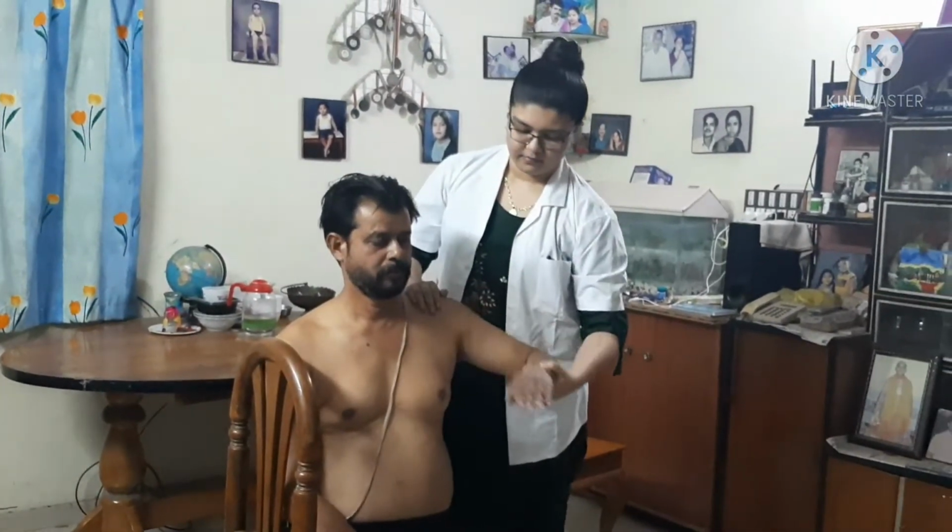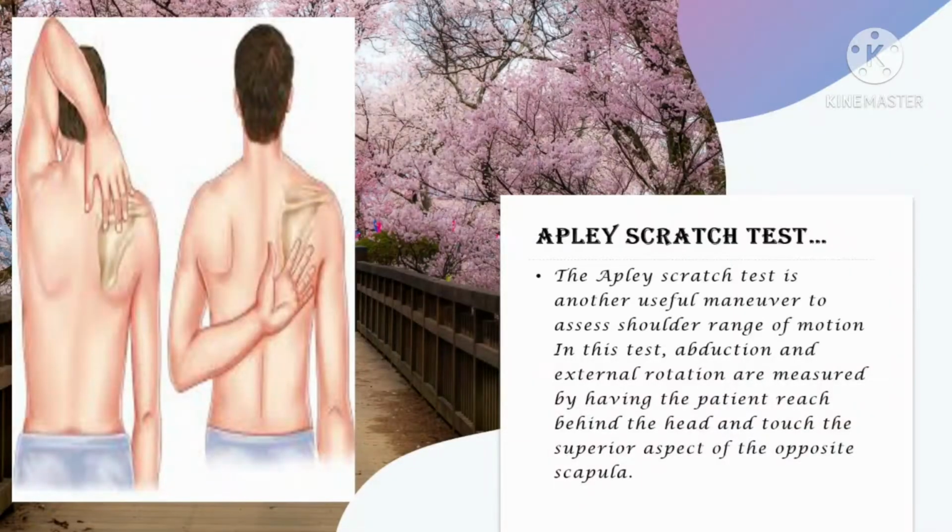Okay. Thank you. Apley scratch test. The Apley scratch test is another useful maneuver to assess shoulder range of motion. In this test, abduction and external rotation are measured by having the patient reach behind the head and touch the superior aspect of the opposite scapula. Here shown is the picture of the Apley scratch test.